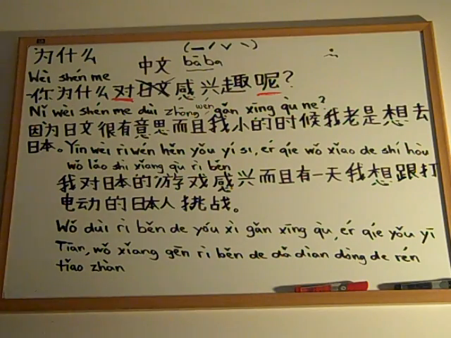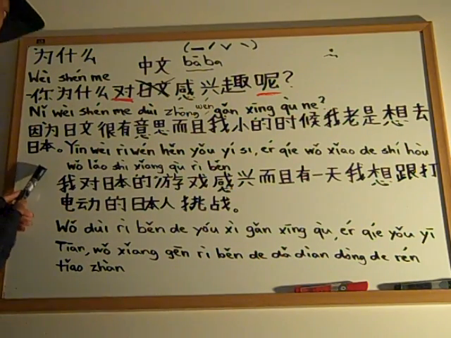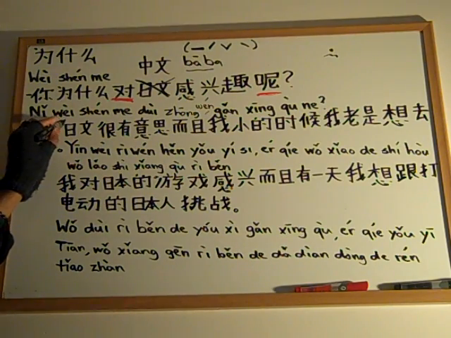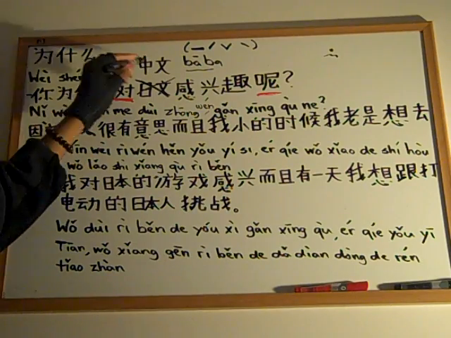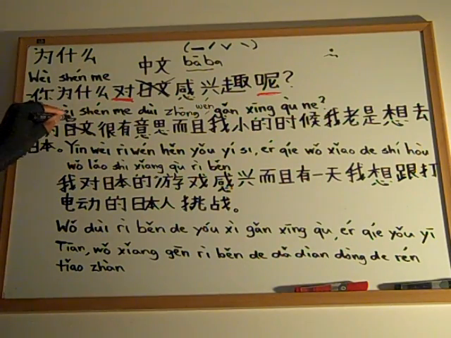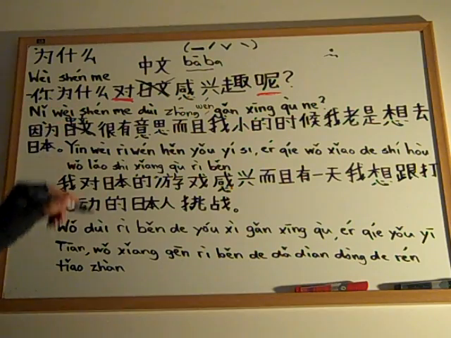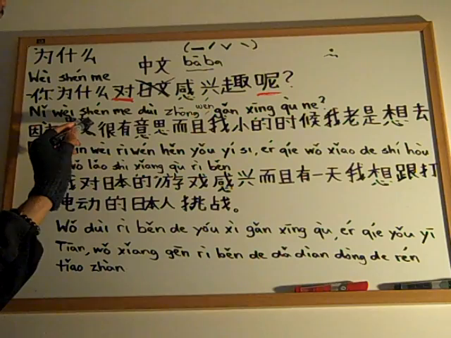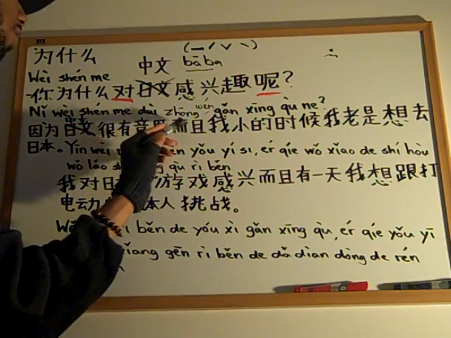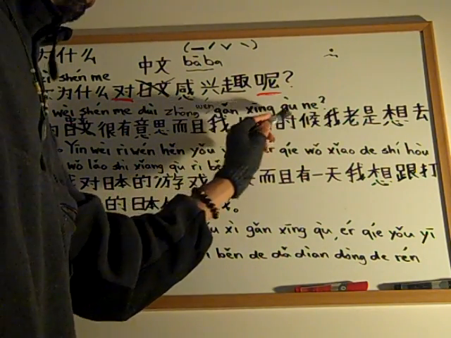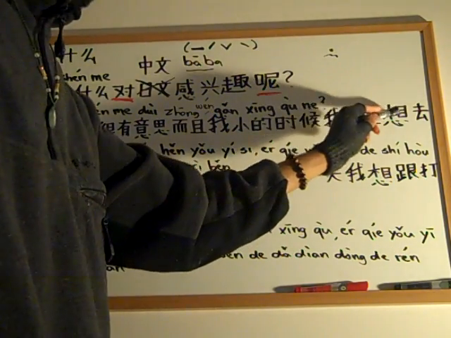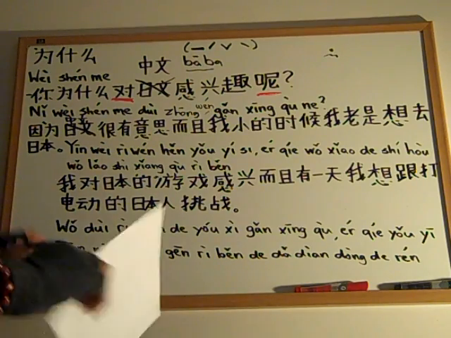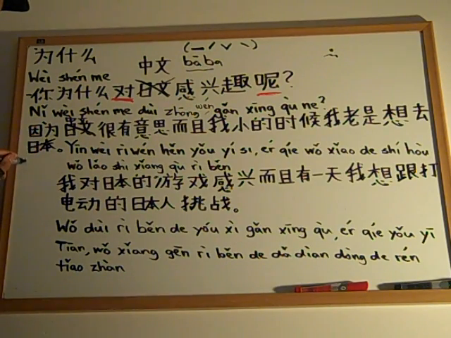Now our response here, we respond like this. 因为 oops, I have Japanese here still. We're not doing Japanese now. It should be 中文. I'm gonna have to change this on the script too. So 因为中文很有意思，而且我小的时候我老是想去 oops 中国, still got Japan on here.